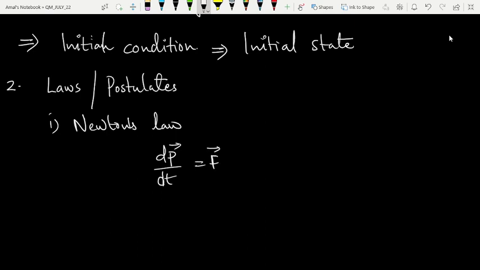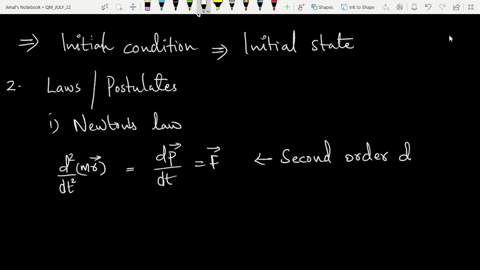Which means this momentum is m into v. This is actually d by dt of d square by dt square of m into r. So this is actually a second order differential equation. That's why we need position and velocity.